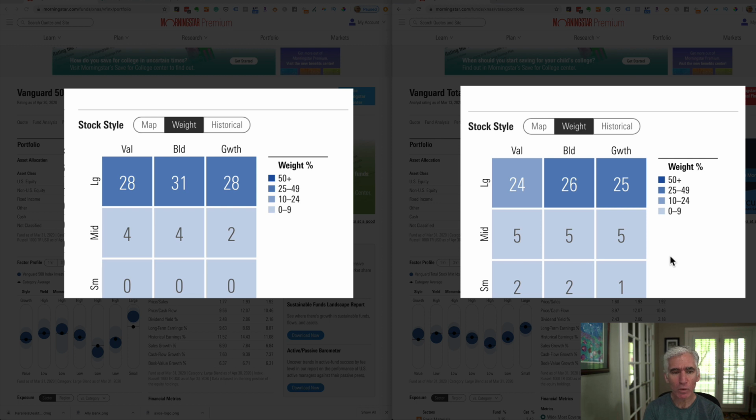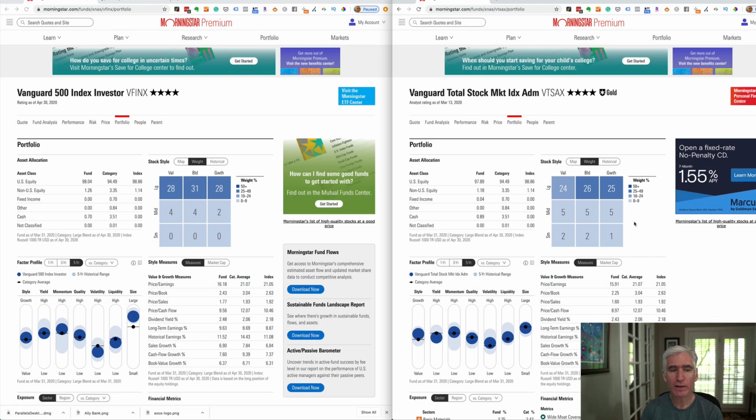So if you were wanting some exposure to small cap and maybe a little more exposure to mid cap, but you didn't want to overcomplicate your portfolio, you could just invest in the Vanguard Total Stock Market Index Fund instead of the S&P 500 Index Fund. So this is how this information can help you actually make decisions, right?